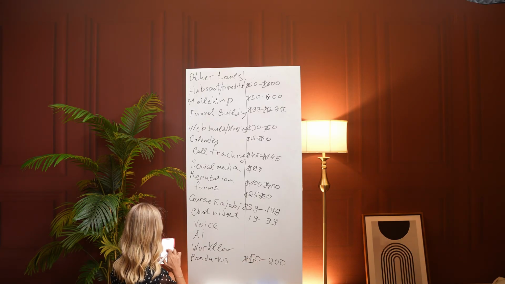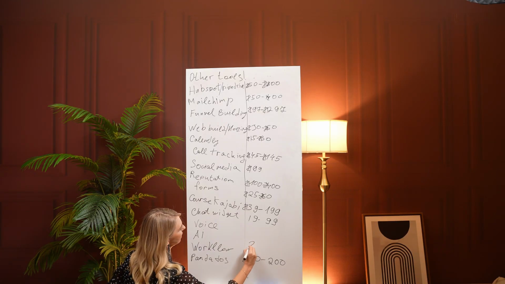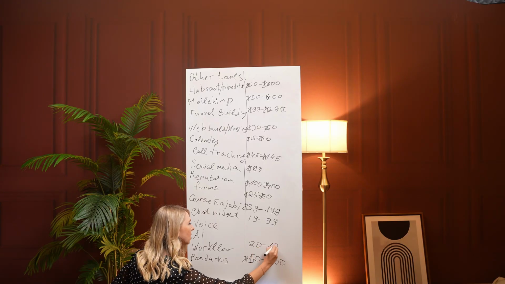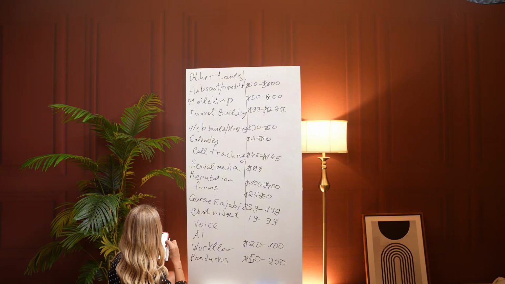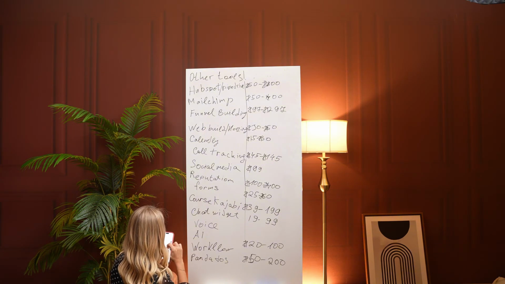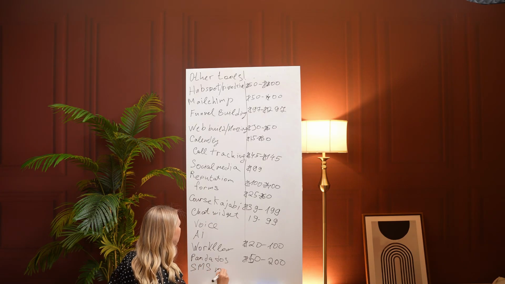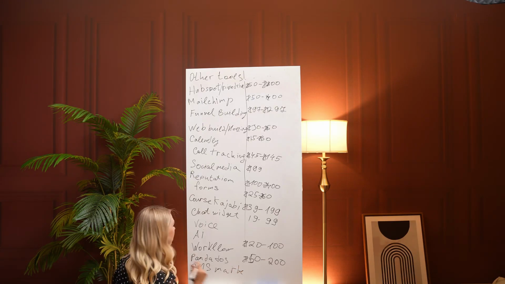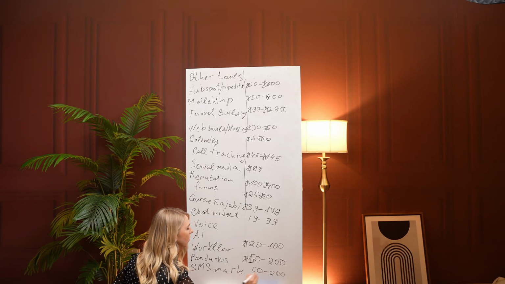Workflow tools like Zapier or ActiveCampaign could be $20 to $100 a month. Okay, and what else? SMS marketing. How much is SMS marketing? $50 to $200 a month.